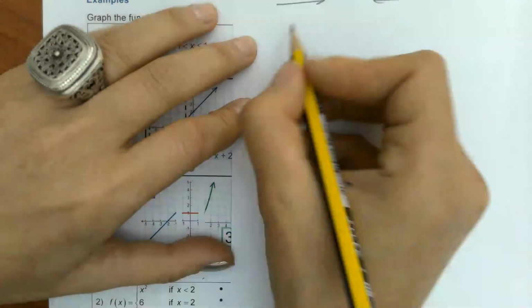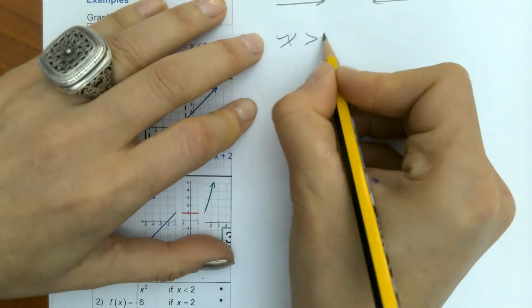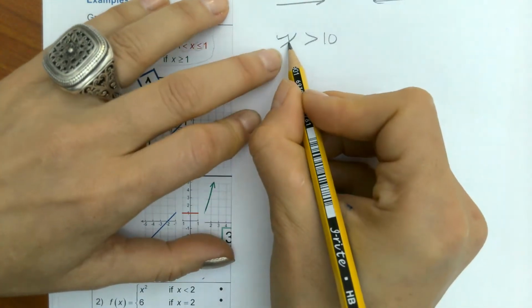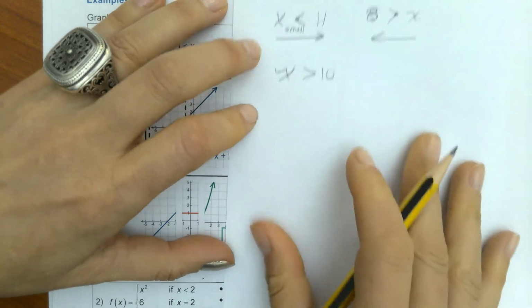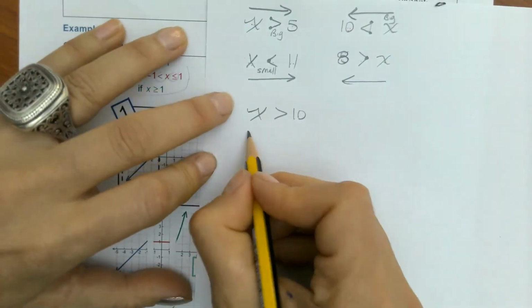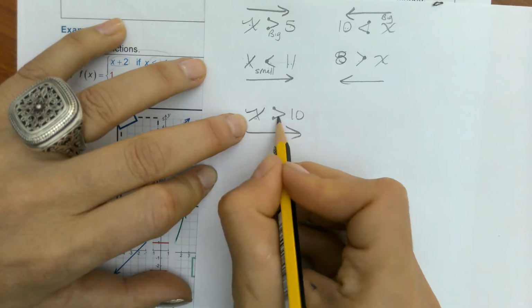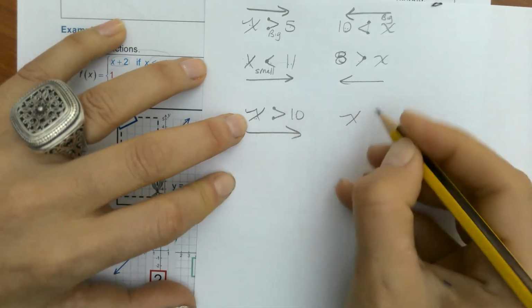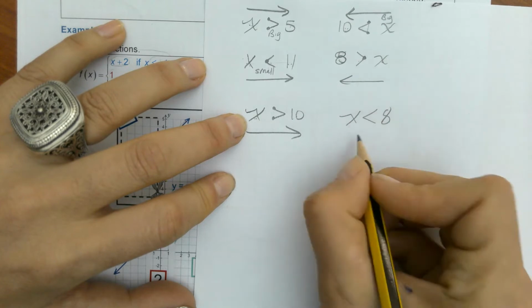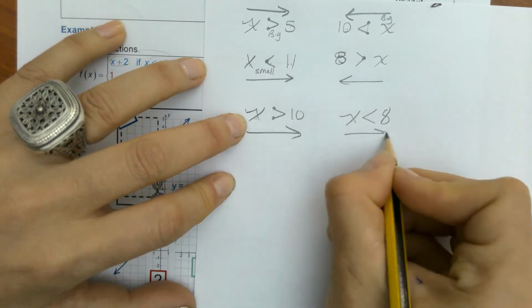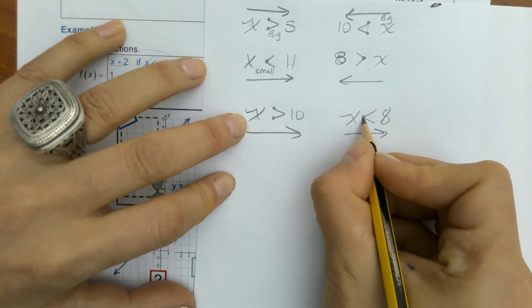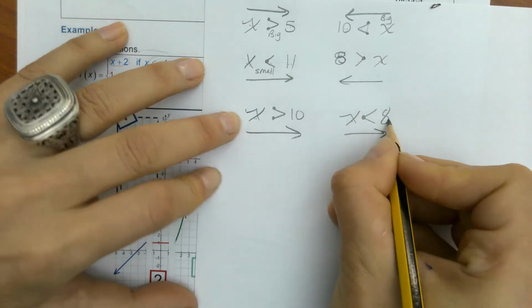So let's do another one. I read it from the letter to the number. So x is, and I'm touching the big side, so x is bigger than 10. If I read it this way, from the letter to the number, x is, this is the small side, x is smaller than 8.